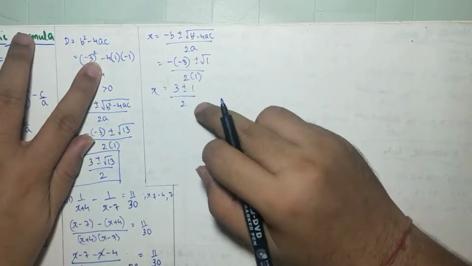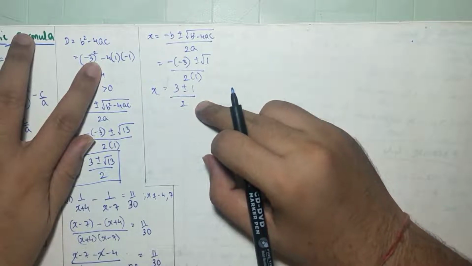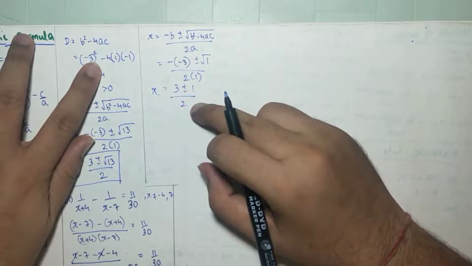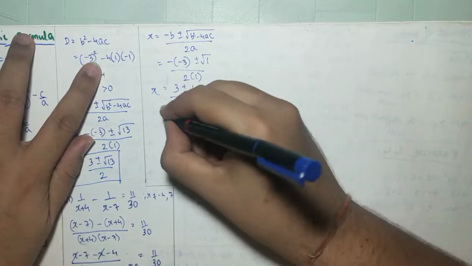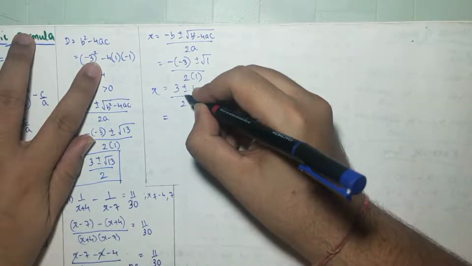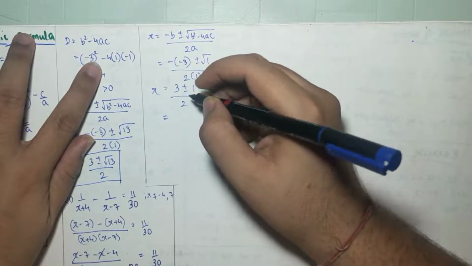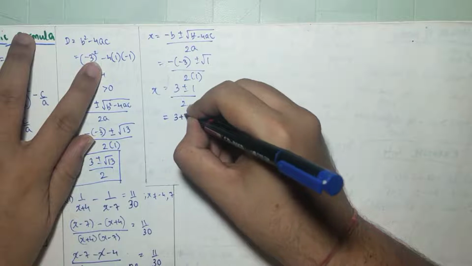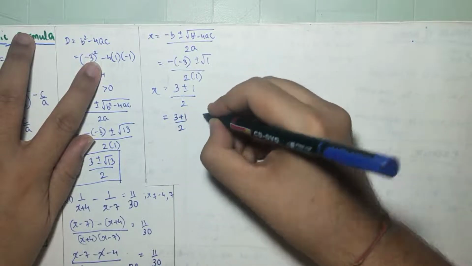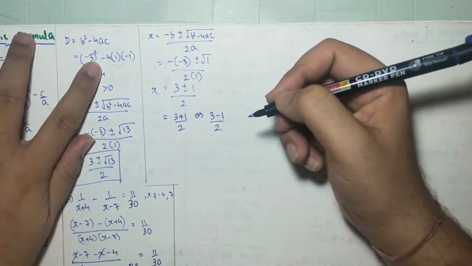As there are no under root numbers over here, we have to find the answer for this. So as you can see, there is one plus and minus. So once we have to use plus and the other time we have to use minus. So 3 plus 1 upon 2 or 3 minus 1 upon 2.